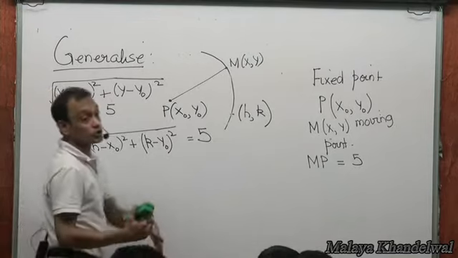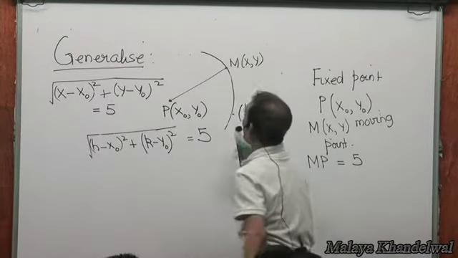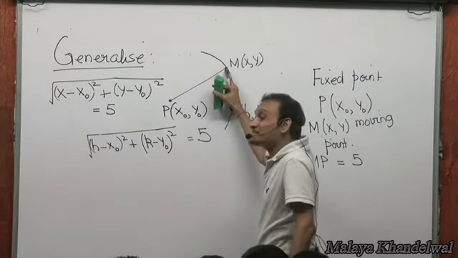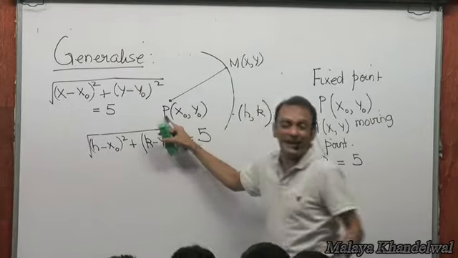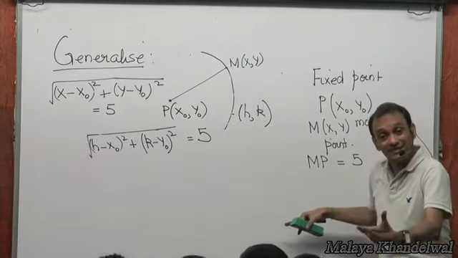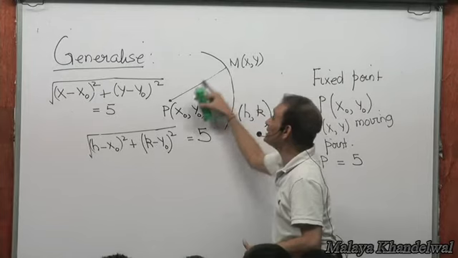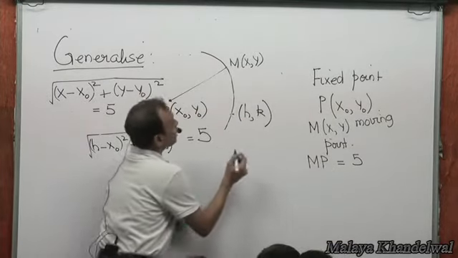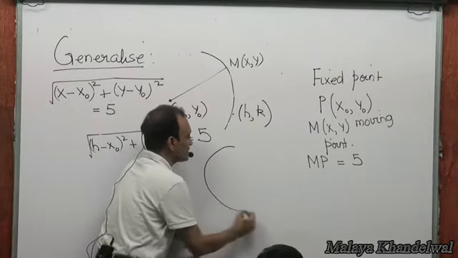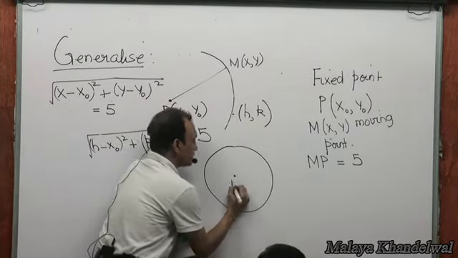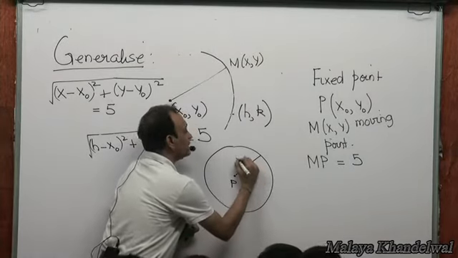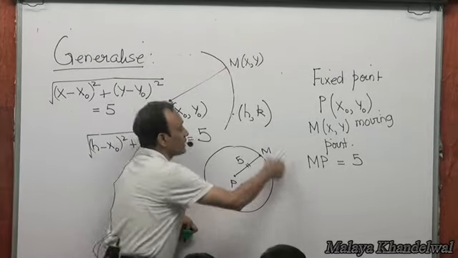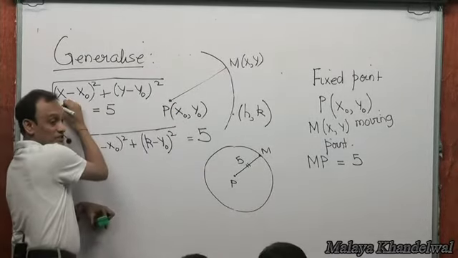Of course, you also understand that M moves in a manner that its distance from P remains fixed. That means M must describe a circle with center at P and radius 5. The locus of M in this case is a circle of radius 5 units and center x naught, y naught. Any point on this circle would have x and y coordinates that will satisfy this condition.